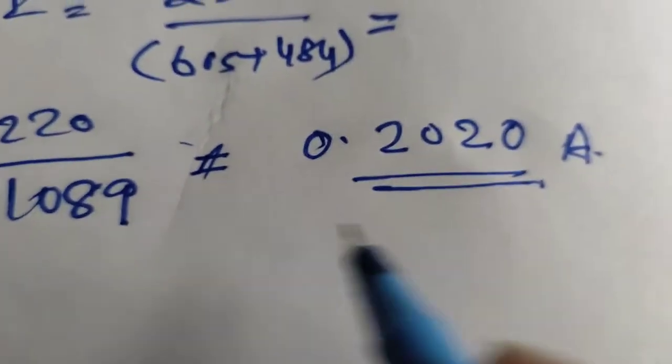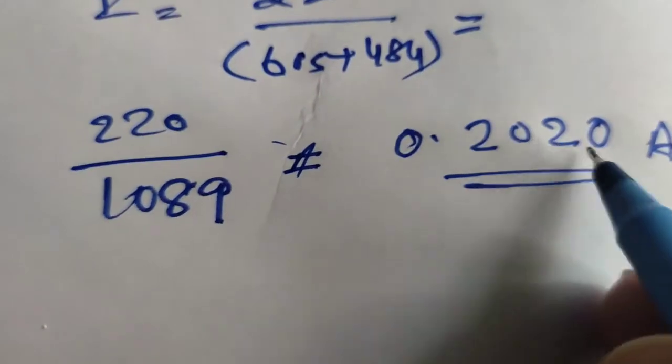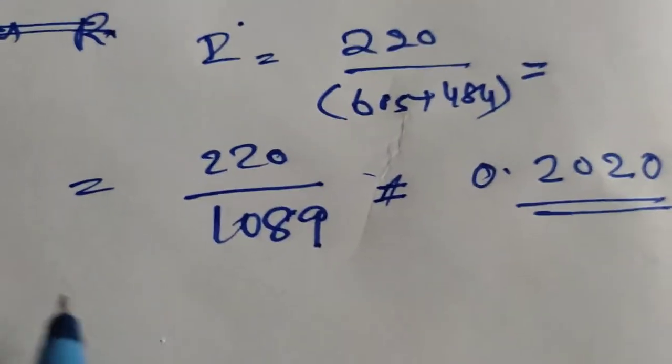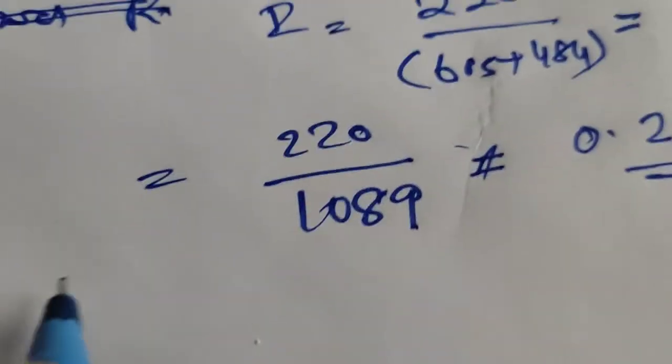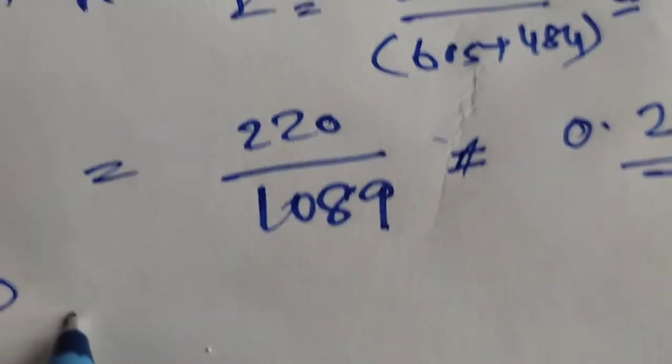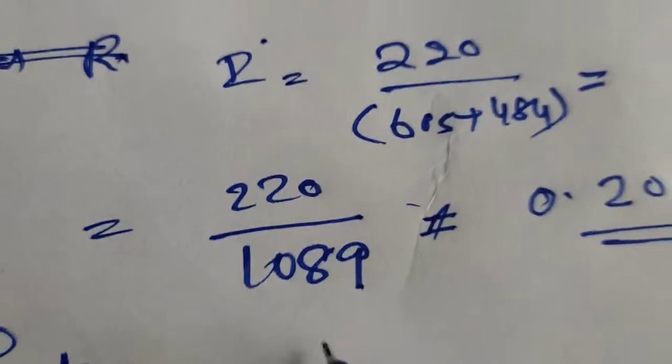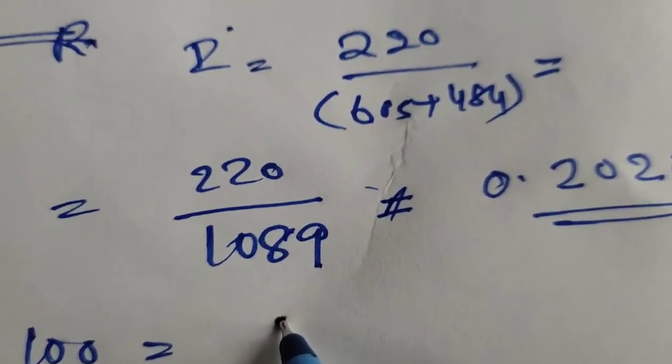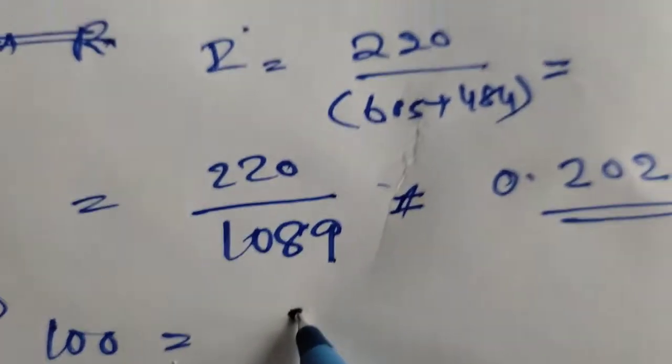The current is 0.2020 ampere. Power across the 100 watt bulb, that means in series the power will change.